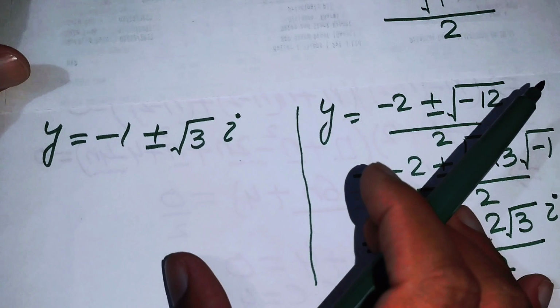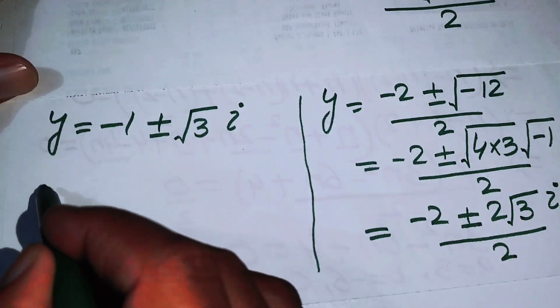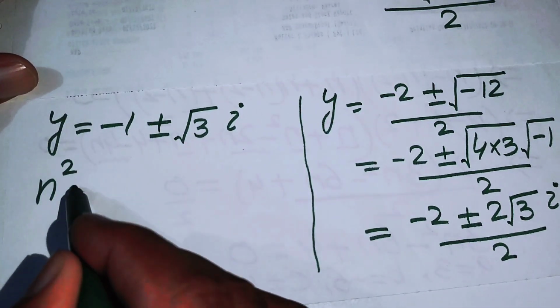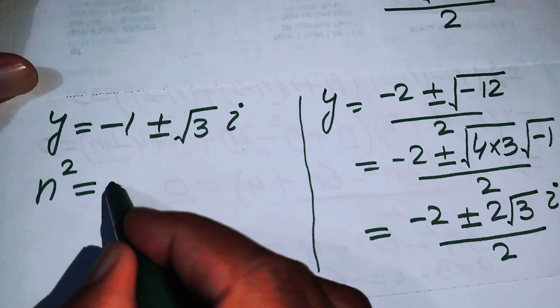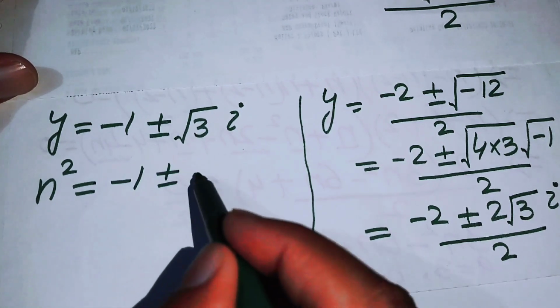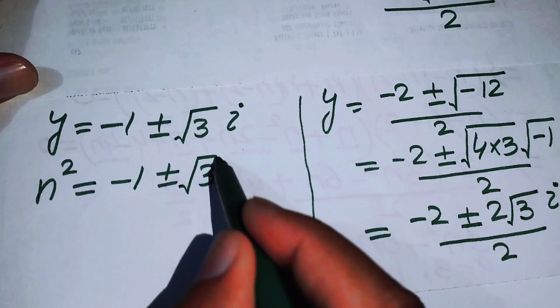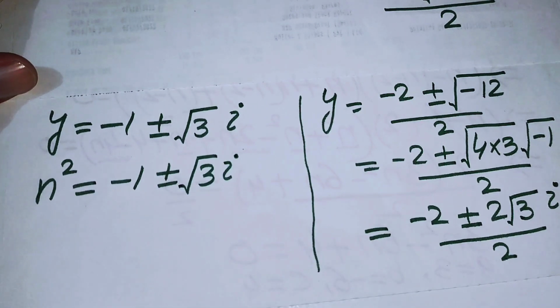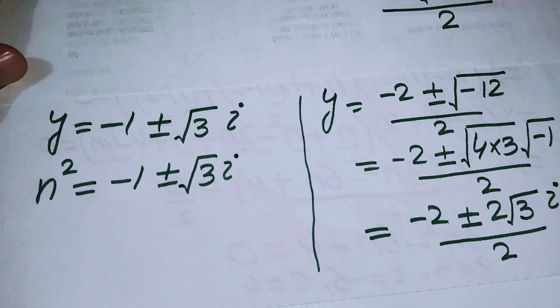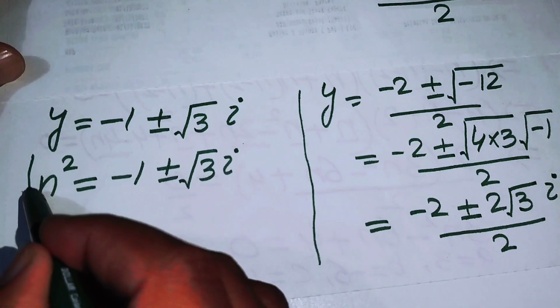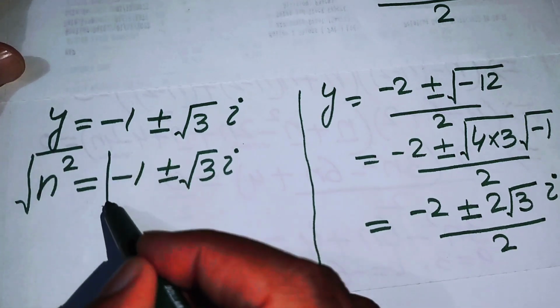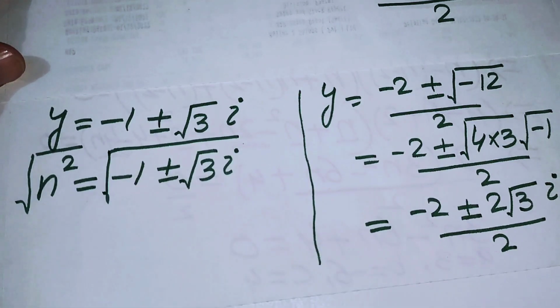So when you put y is equal to n squared, then you will get n squared is equal to minus 1 plus minus square root of 3 iota. And because in this question we need to solve this problem for the value of n, I can take the square root again on both of the sides.